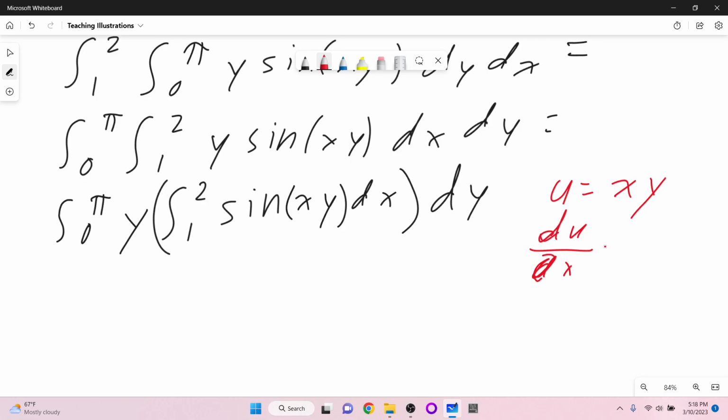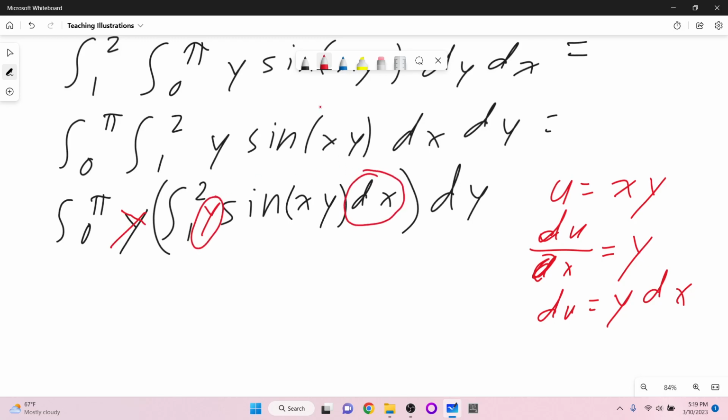It's partial derivatives. The x derivative of xy would be y. So du equals y dx. Oh, maybe we shouldn't have factored it out. Maybe we should have left that y in there, because then it and the dx can combine to make du.